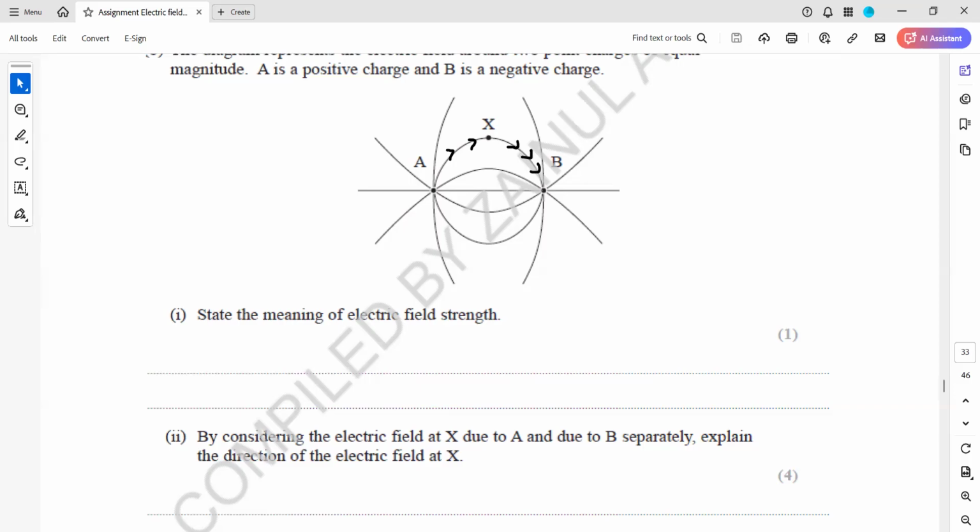In the same way, at X, the positive charge experiences a force due to B towards B. As you can see, the two forces at this point combine, so the resultant force will be in the direction of A to B. This will be the direction of the force.